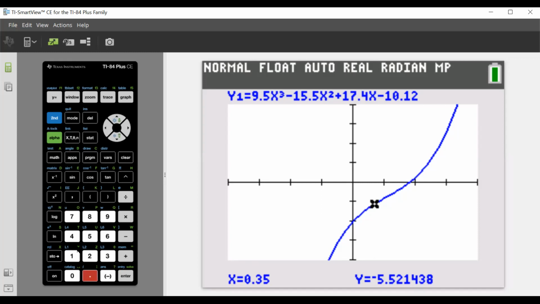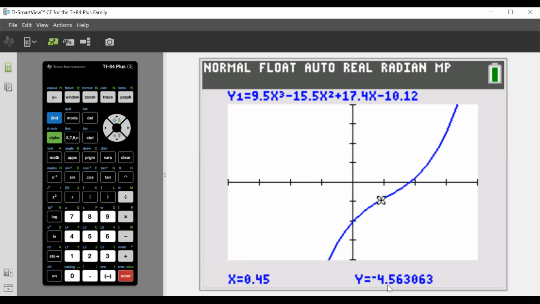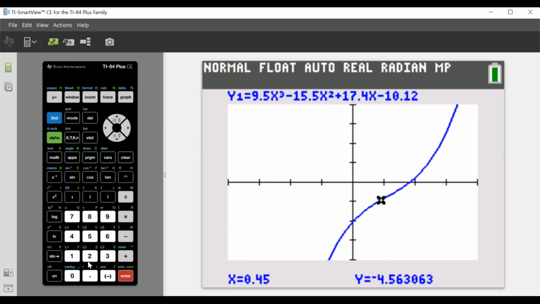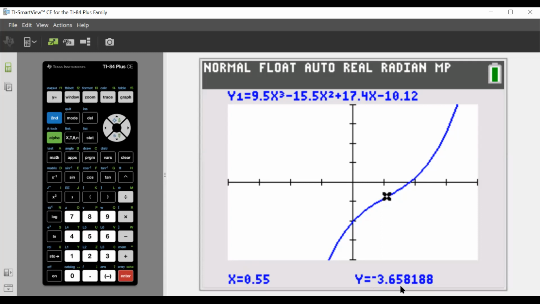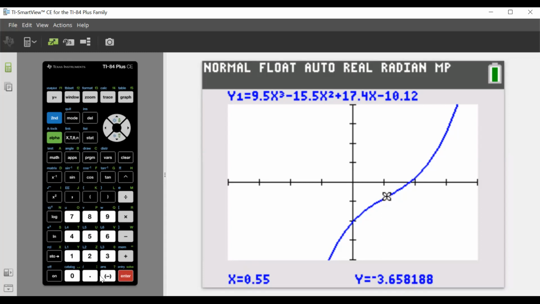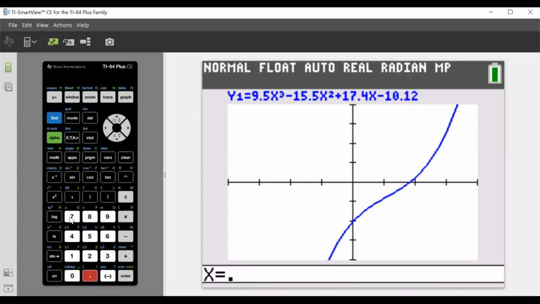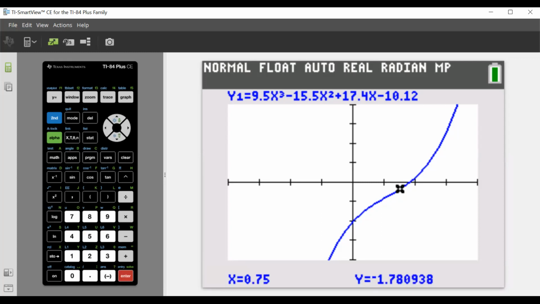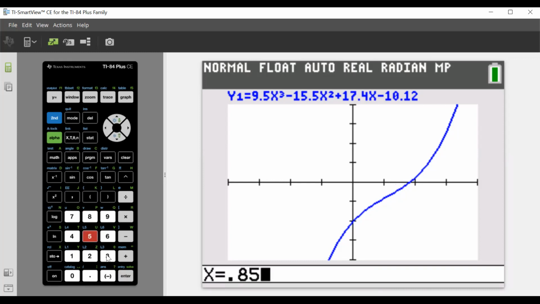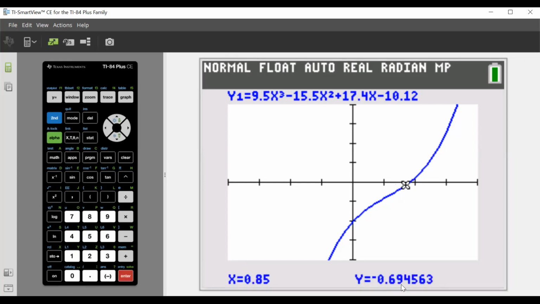Then 0.45, negative 4.5631, and 0.55, negative 3.6582, and then 0.65, negative 2.7498, 0.75, negative 1.7809, and then 0.85, negative 0.69456. Okay, so what we've done is we found the area down here, the negative area.